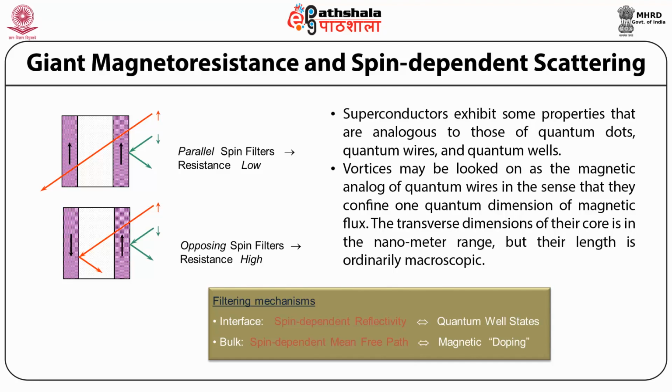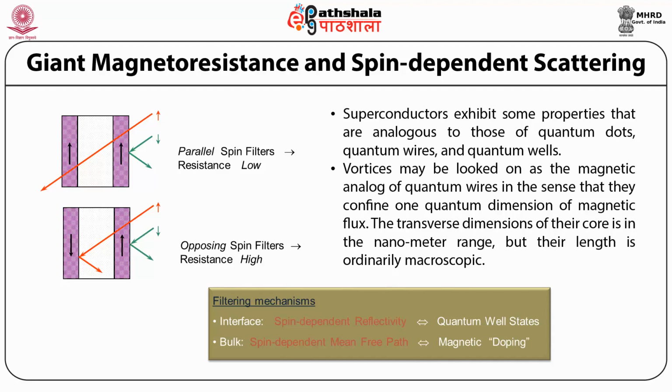The effect is observed as a significant change in the electrical resistance depending on whether the magnetization of adjacent ferromagnetic layers are in a parallel or an anti-parallel alignment.